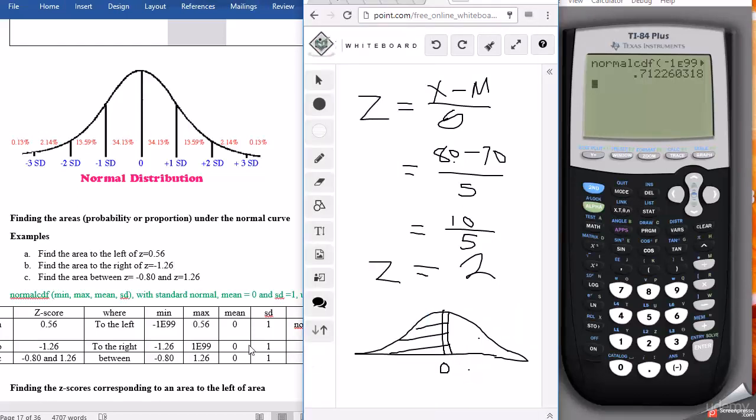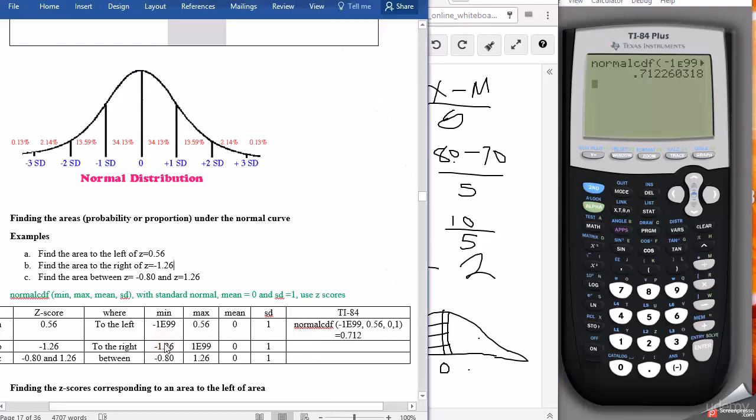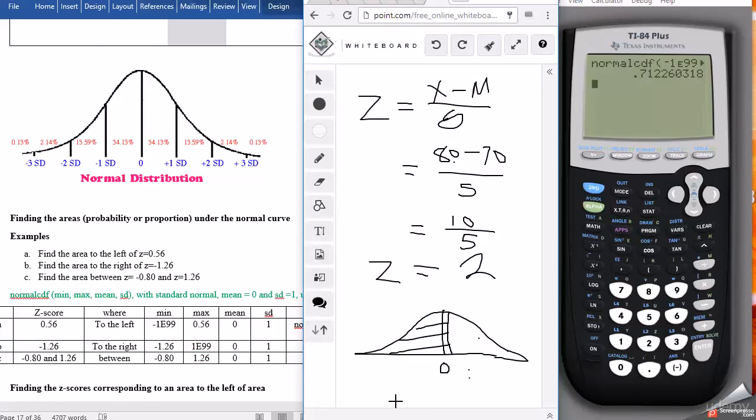Now if it's to the right, it means that the minimum is -1.26 and the maximum is 1E99, because we're going to the right right now. So what this is going to mean is that we will have a curve like this. We have the mean, and z is negative, so it's to the left of the mean.